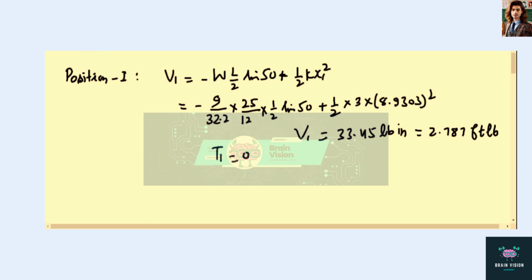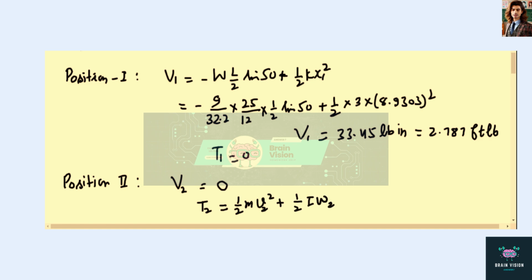Now position 2, potential energy will be 0. Kinetic energy is half m v2 square plus half I omega 2 square.